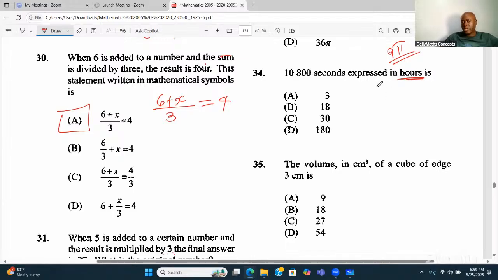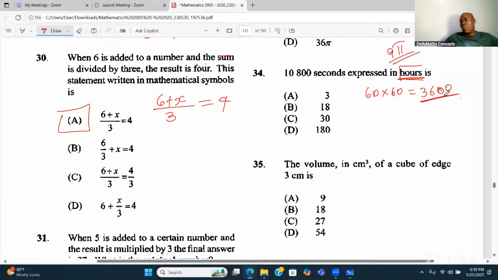3. Sounds good. Remember now, as it relates to hours, we have seconds, but we want to divide this, right? You want to express this in hours. Remember, it takes 60 seconds to make a minute, and it takes 60 minutes to make an hour. So when you multiply this, you're going to get 3,600 seconds in 1 hour.